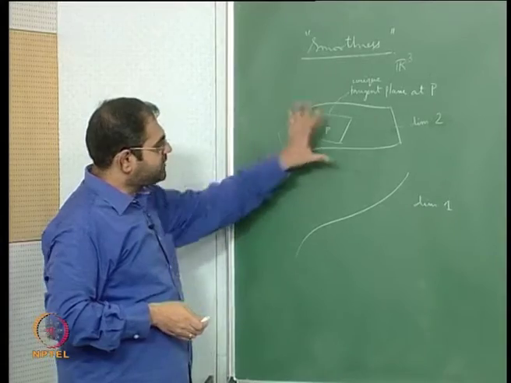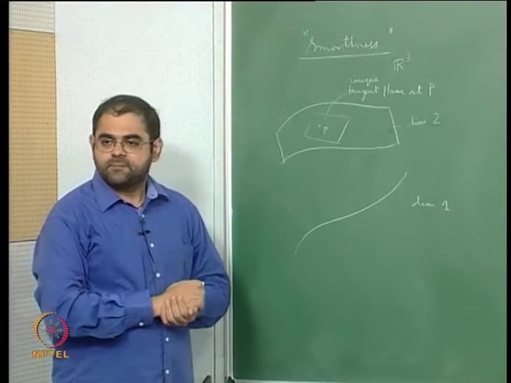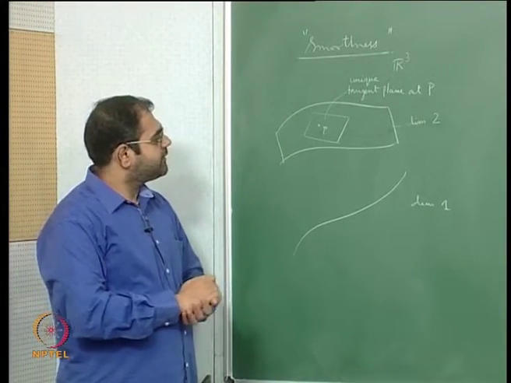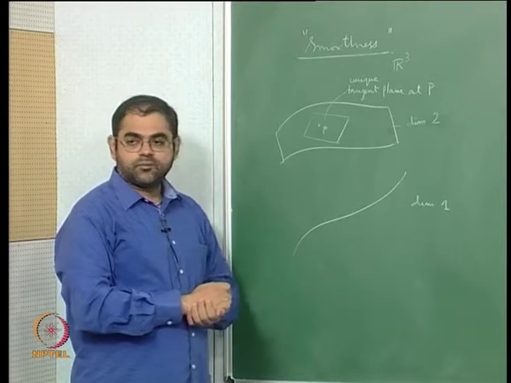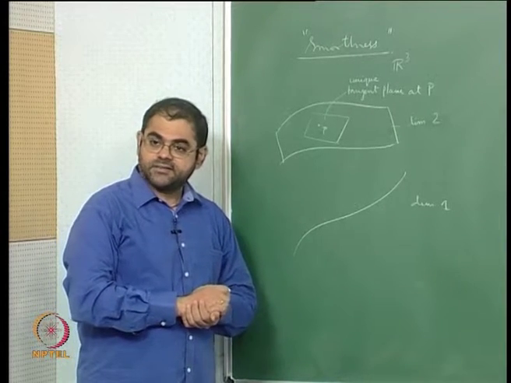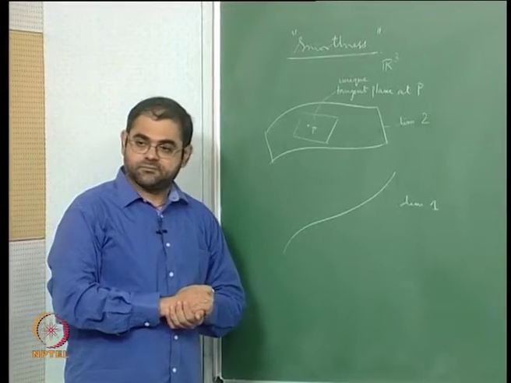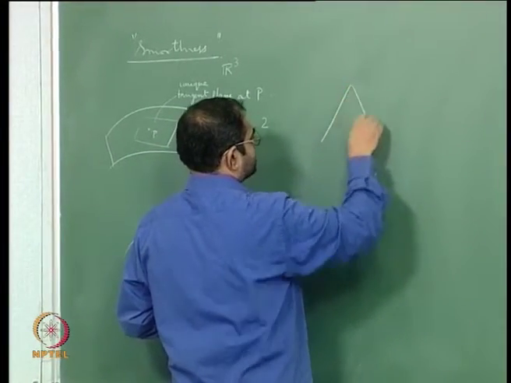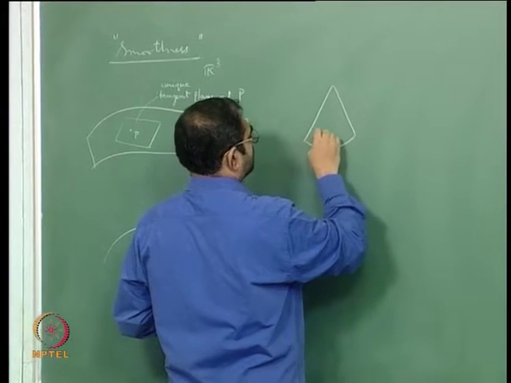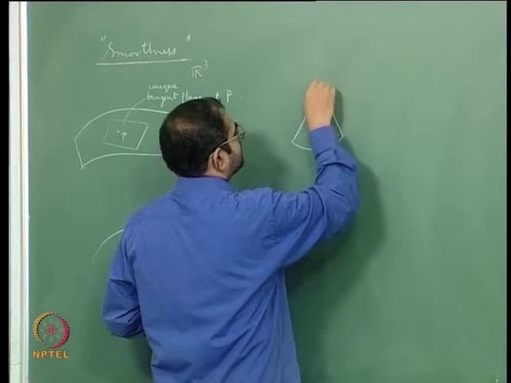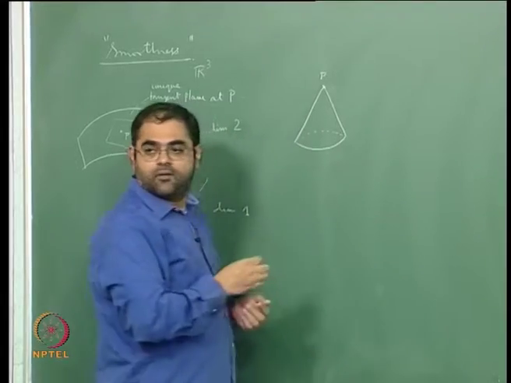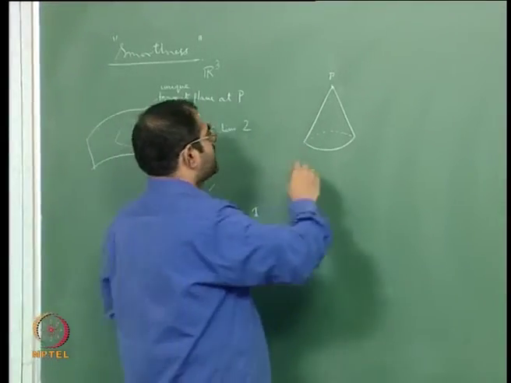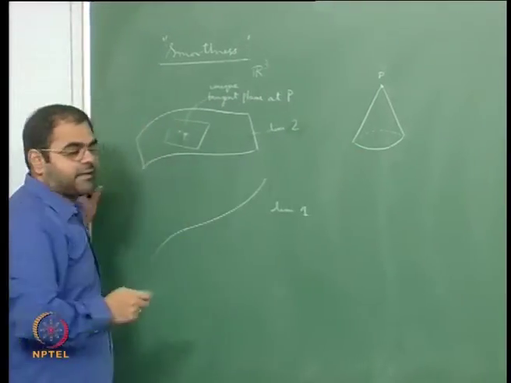And if the surface is not smooth at a given point, then if you look at the tangents, the tangent space could have higher dimension. So for example, if you take something like a cone, and you consider the vertex to be the point, how do you calculate the tangent space?